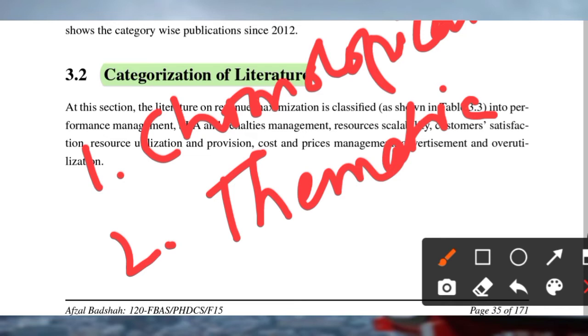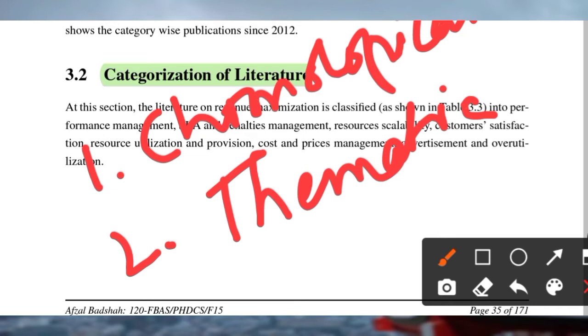If we optimize the prices, it may also maximize the revenue. Customer satisfaction also maximizes the provider revenue, and increasing resource utilization can also increase the provider revenue.